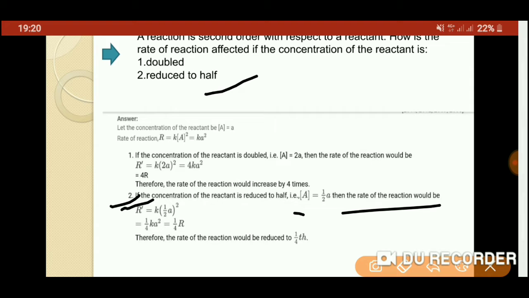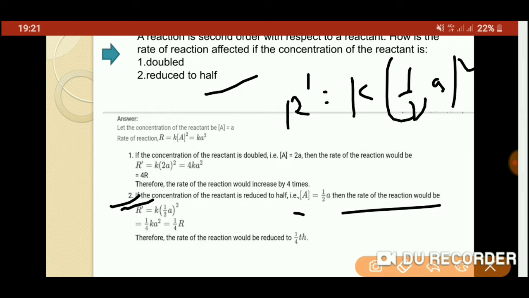So rate of reaction R dash equal to K, in the place of a you will put half a, so K into half a whole square, and you will get the answer 1/4 Ka square. This Ka square is replaced by the capital R, because in the first equation you can see that capital R equals Ka square, so you can replace Ka square by R and you will get 1/4 R.